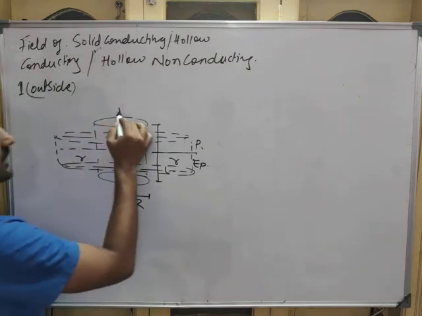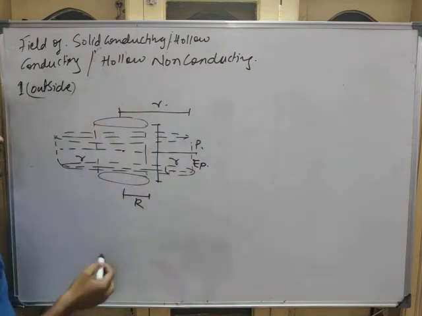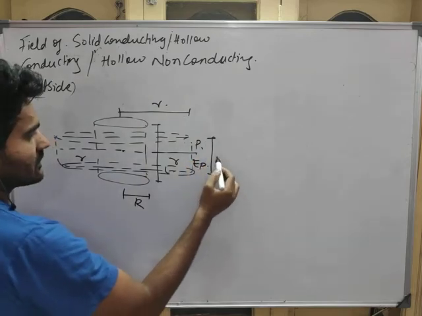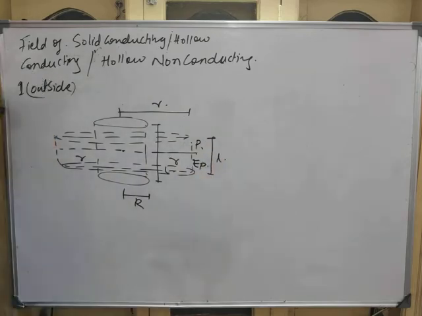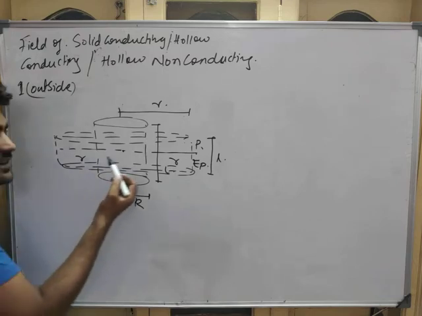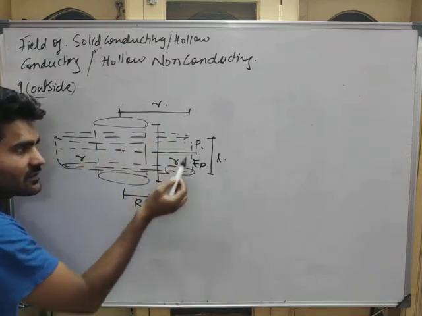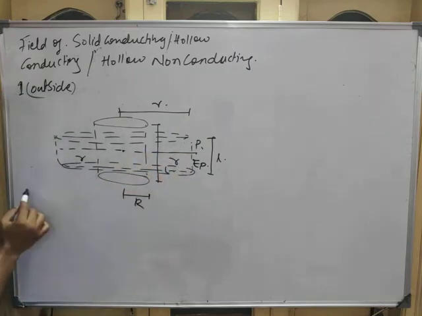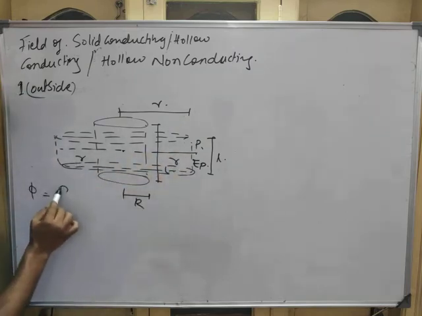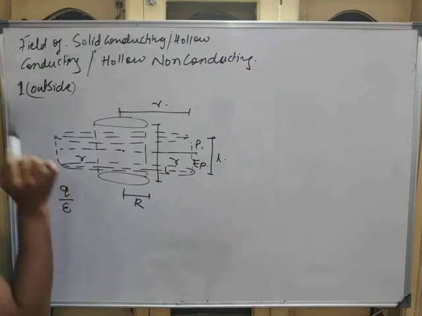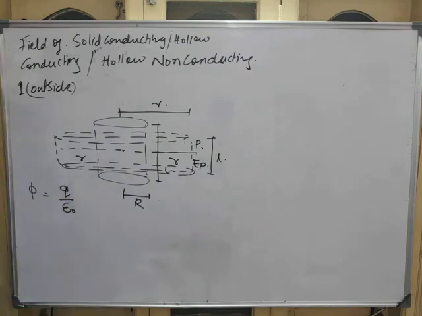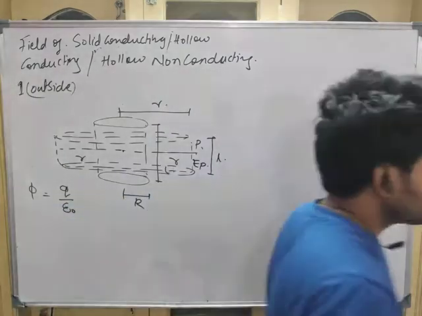Let's suppose the radius is r and the length, let us suppose, small l. So we know that the flux leaking out of this outer imaginary surface will be how much? By the Gauss law we can say Q by epsilon, and if it is vacuum, it is epsilon naught.